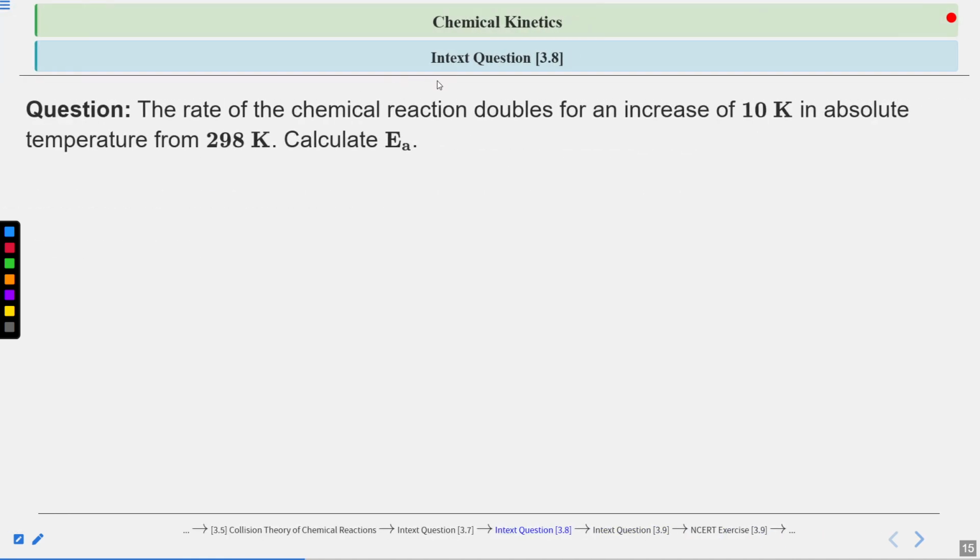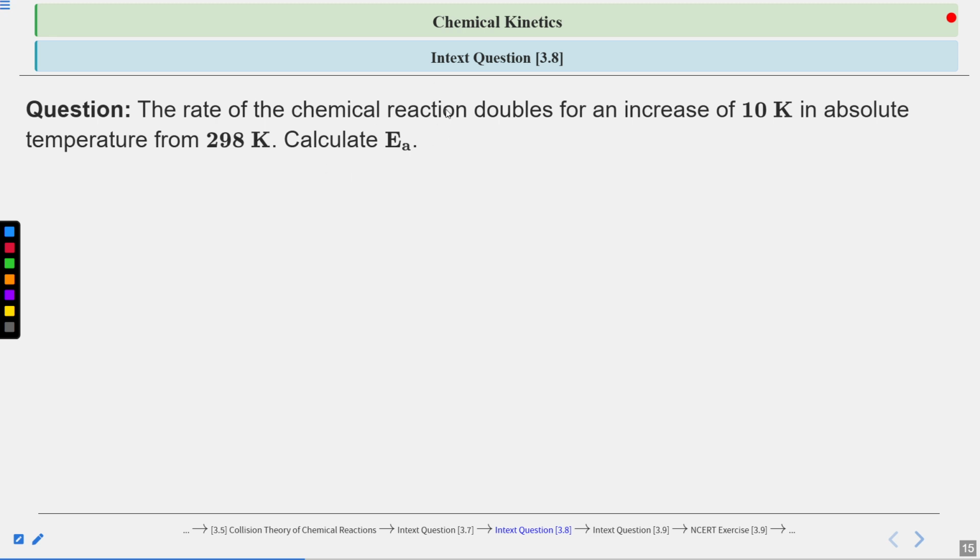So let's see our next in-text question, which is marked as question 3.8. The question is asking: the rate of a chemical reaction doubles for an increase of 10 Kelvin in absolute temperature from 298 Kelvin.